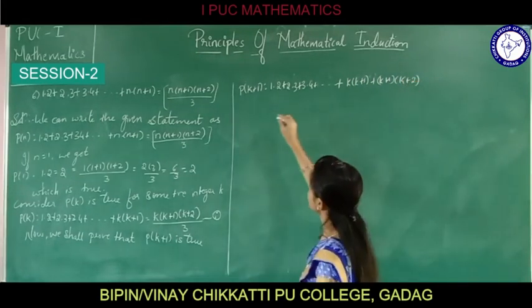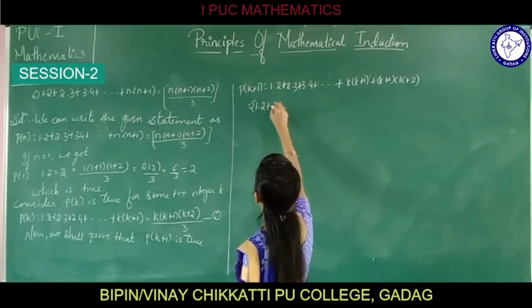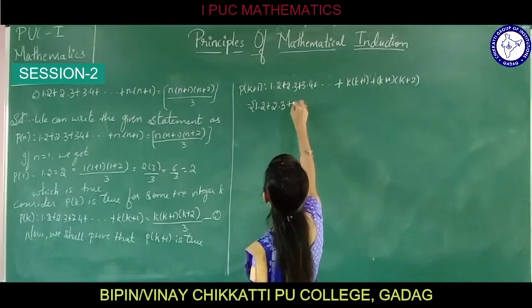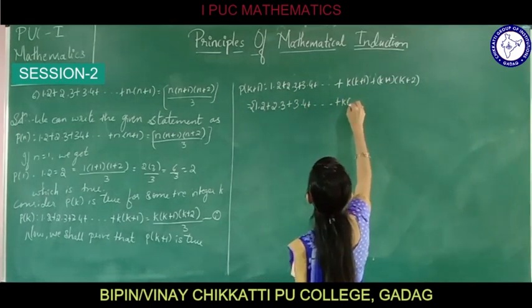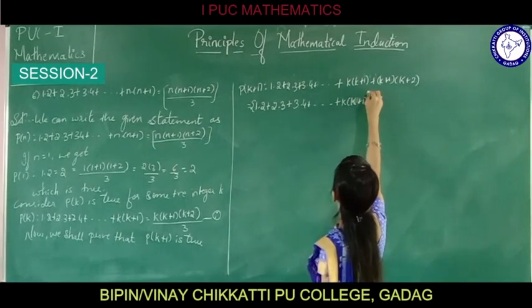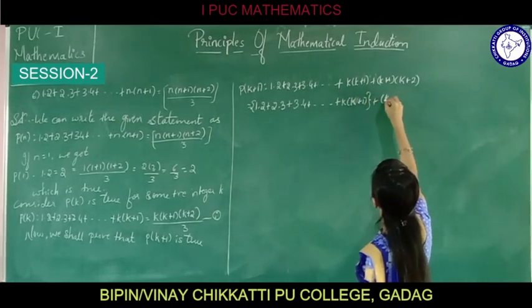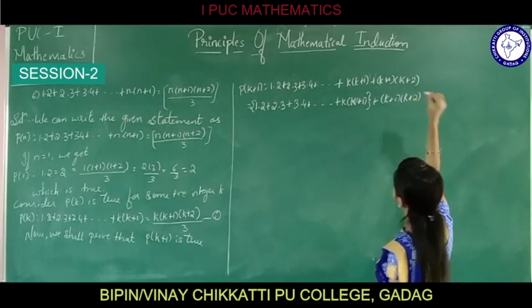How can you write this? This can be written as 1 into 2 plus 2 into 3 plus 3 into 4 plus k into k plus 1 plus k plus 1 into k plus 2.